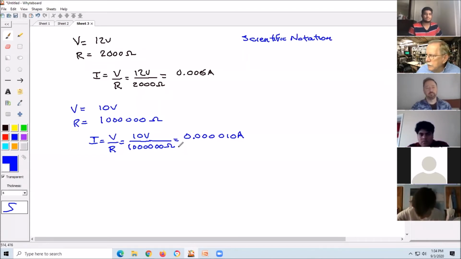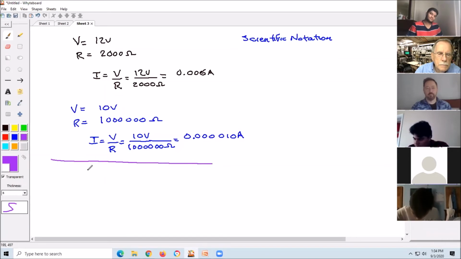Scientific notation is just a way of getting rid of extra zeros and leading zeros, so we don't have to write them. If I wrote down this number, what is that? 1,000, right?